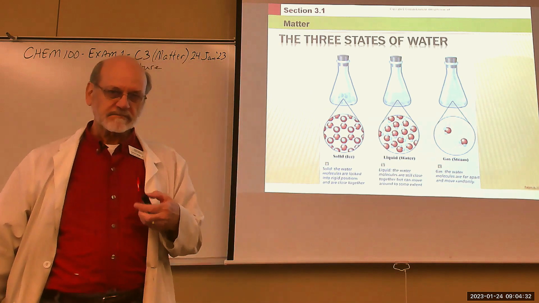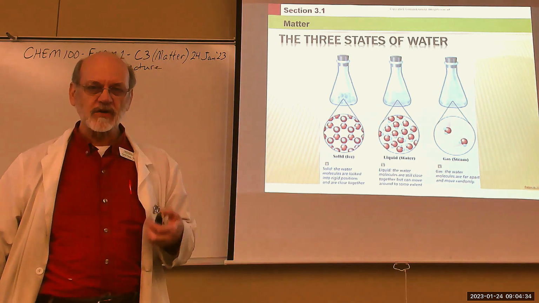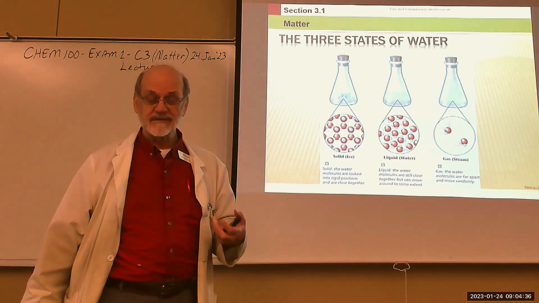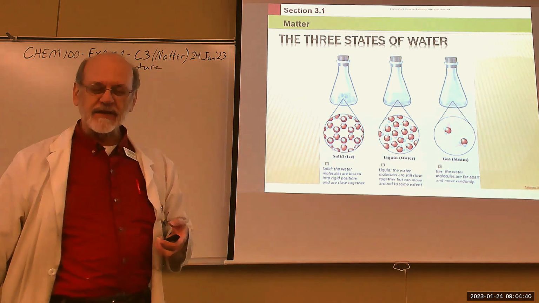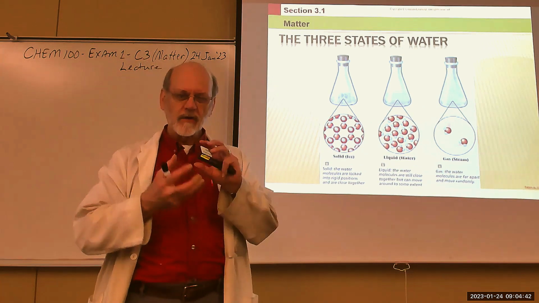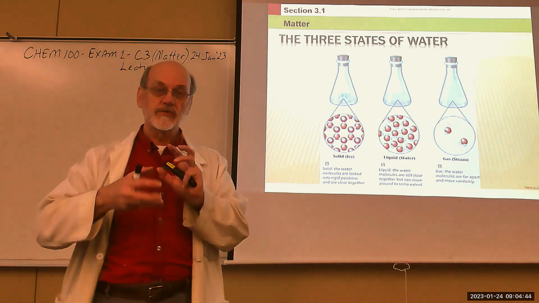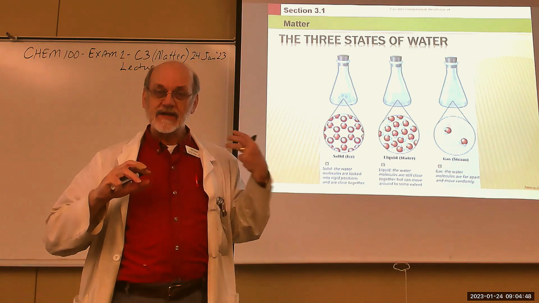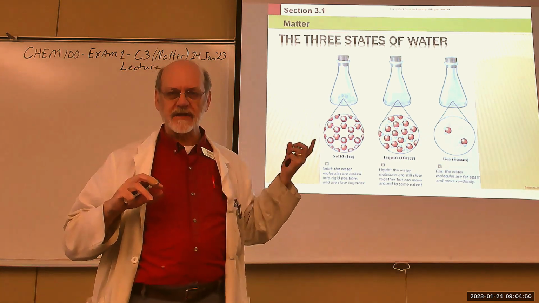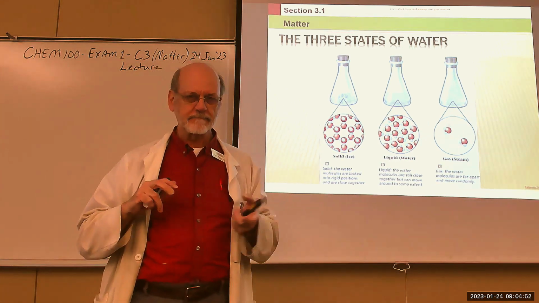So what do these 3 states of matter look like on the microscopic level? The solids are regularly ordered molecules or atoms. In this case, we're looking at water, and I'll say another word about water in just a second.